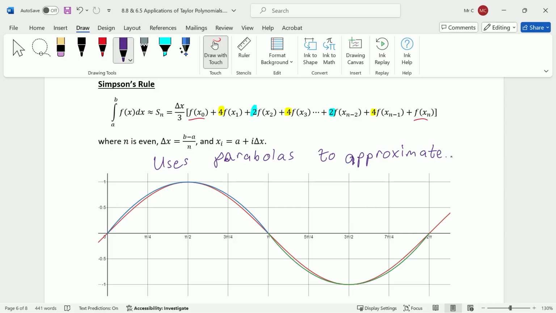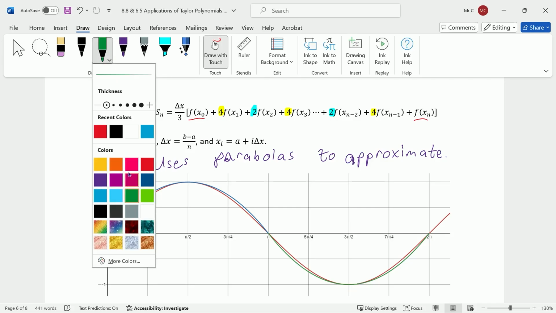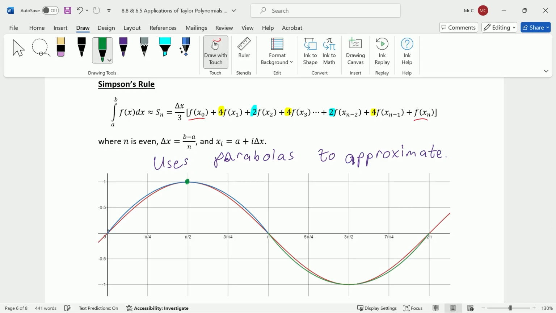It essentially allows you to solve for which parabolas act best in a certain sense. And those parabolas are all going to be parabolas that take 3 points on the graph from each subinterval.